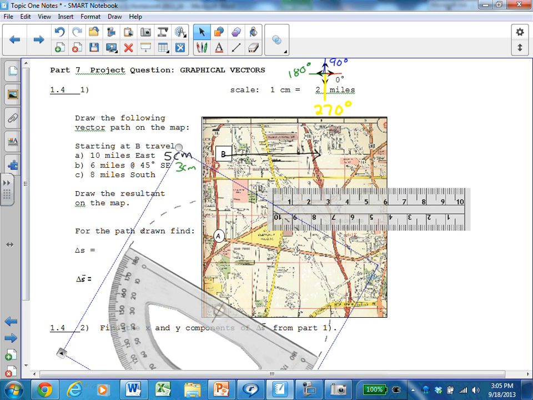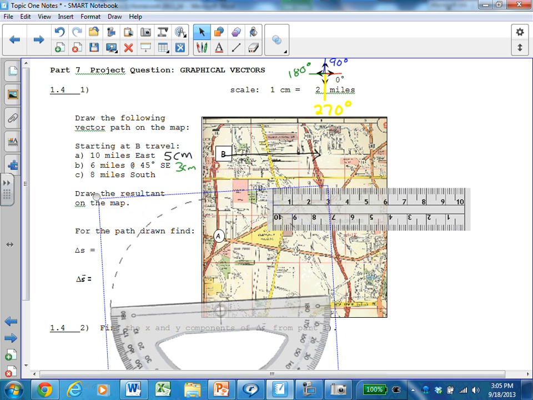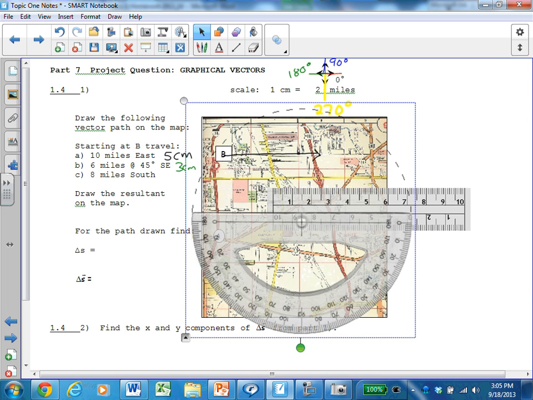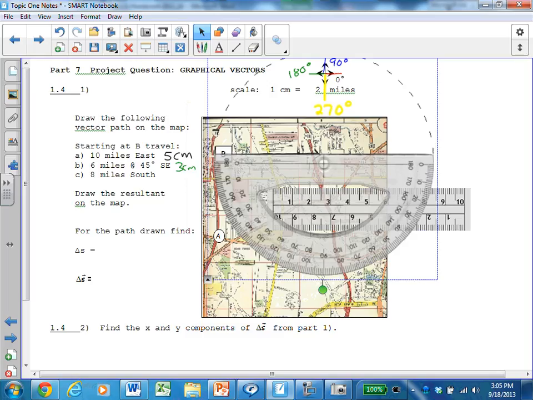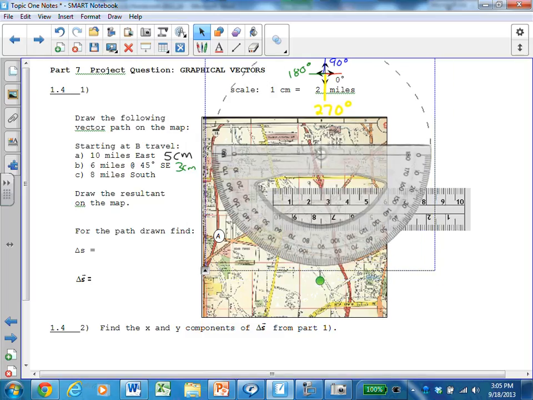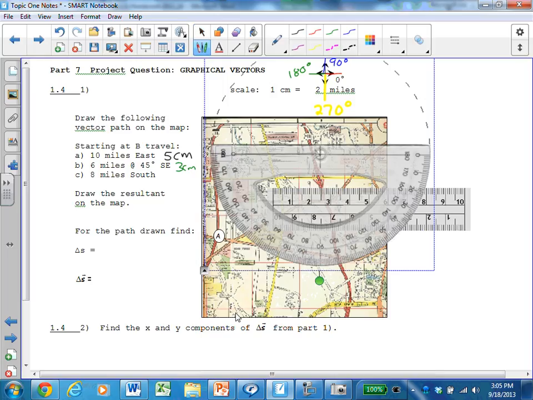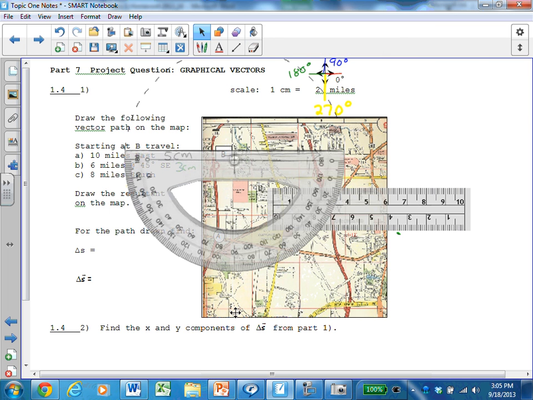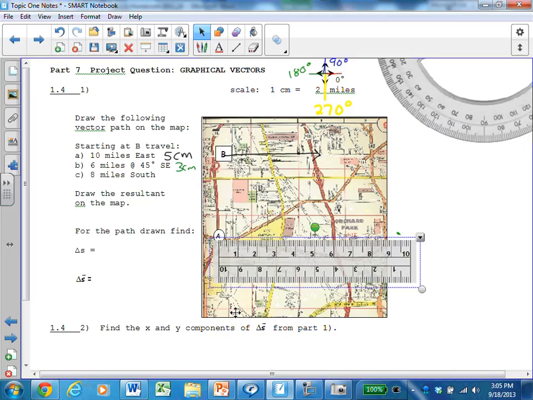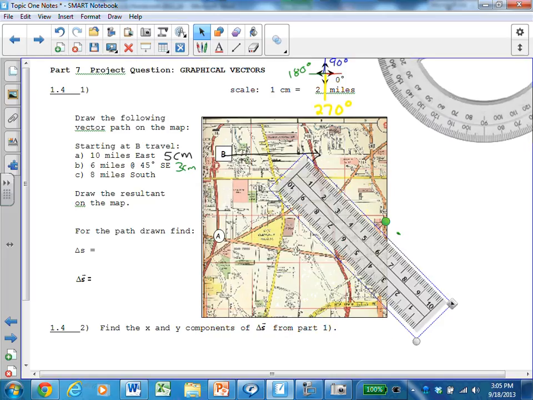So I just mean that down this way, 45 degrees. So we put the crosshairs right at the end of the last arrow. And 45 degrees would be right down here. And now I'm ready to put on 3 centimeters, right?